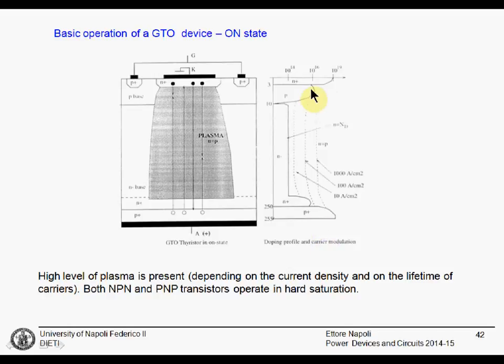This region of the device is more or less similar to a PIN diode in full conduction. The high injection regime means that this N+ region is connected to this P+ region. The base region is just flooded with carriers. And if you are in the high injection regime here, you can more or less neglect the P diffusion below.